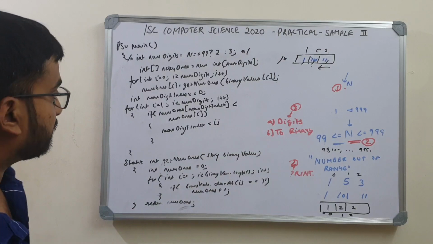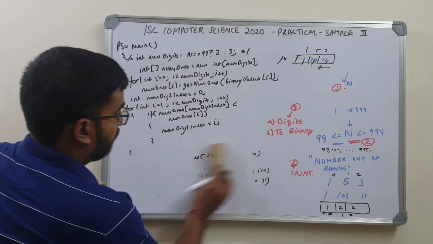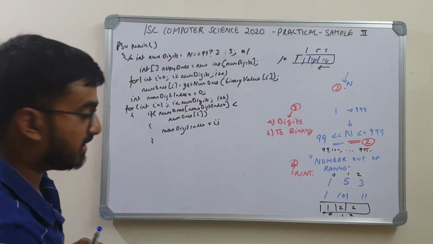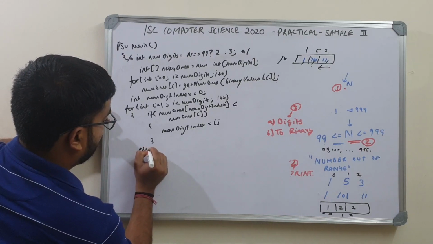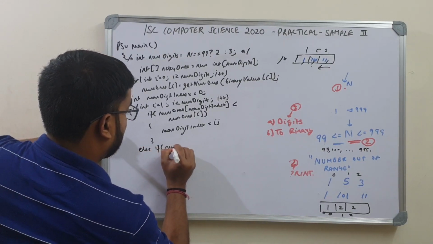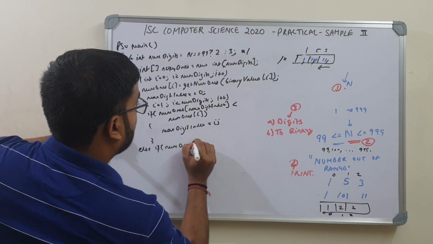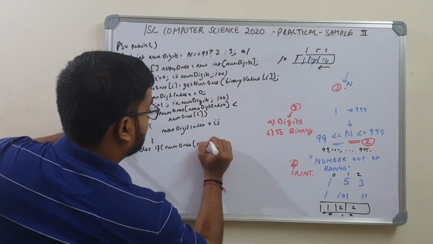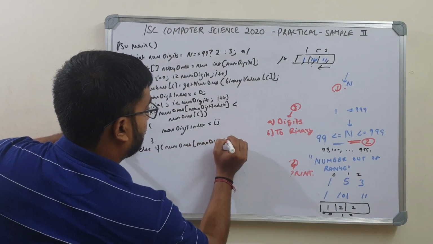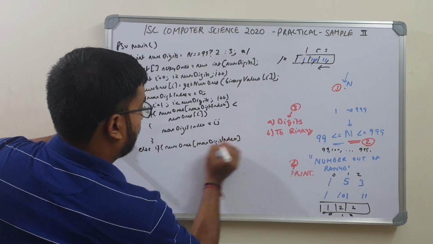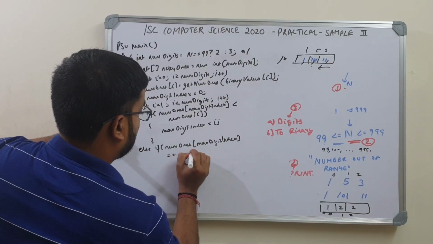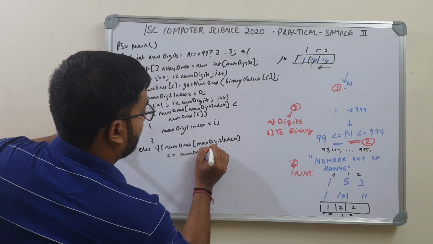The other case is when the number of ones are equal: else if num ones at max digit index is equal to num ones of i.